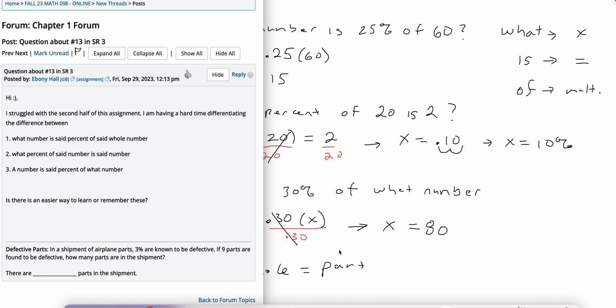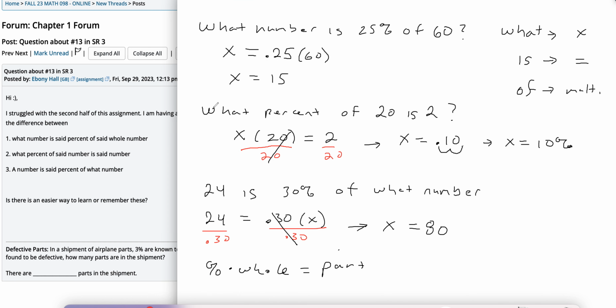What is the whole? So for all of these problems up here, what I was doing is percent times the whole equals the part. And this is good for percents that are less than 100%, right? Because if it's bigger than 100%, you're going to get more out than you started with. When we're working with them that are less than 100%, like in this case, this is a nice little way to think of it. So percent times all of it, the whole amount, is going to equal the partial amount.